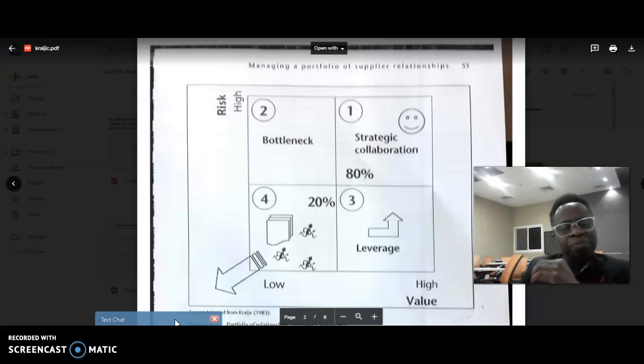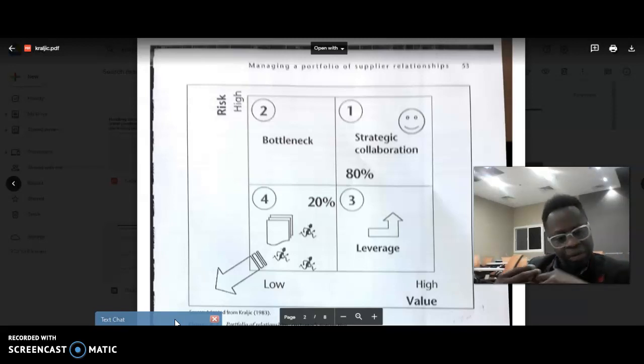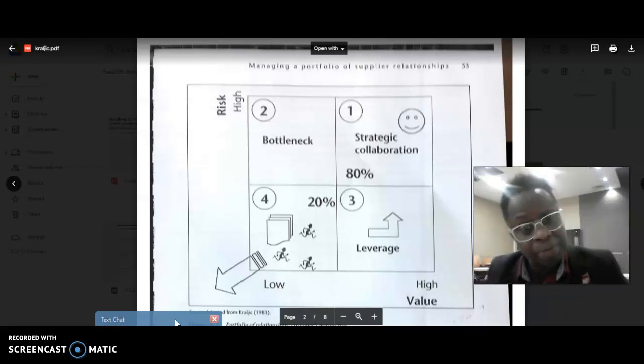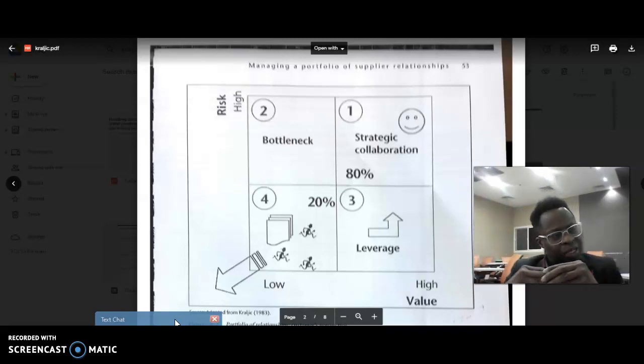There might be instances, could be in the case of FlyCloud, where they may have a large pool of suppliers, yes, but out of that large pool, maybe a few suppliers may have an exceptional product, or their maintenance or their service might be exceptional. It might be one supplier out of a large number. So FlyCloud may take their equipment to be calibrated at that supplier's premises. You with me now?